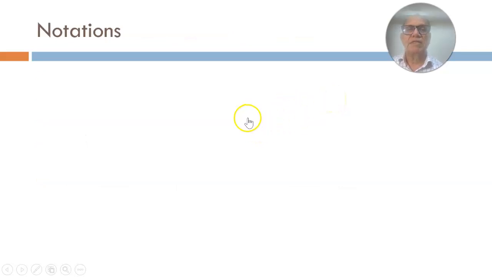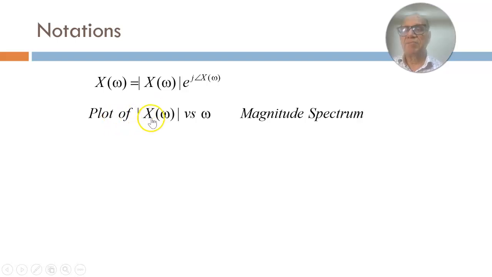All right. Now, let's look at the notations. So, X(omega) can be written as magnitude of X(omega) times e raised to j angle of X(omega). And the plot of mod of X(omega) versus omega is the magnitude spectrum. Note that this is an even function of frequency, because remember we had derived our Fourier transform starting with the Fourier series, and we had already shown that for the Fourier series, the magnitude spectrum is an even function of frequency.